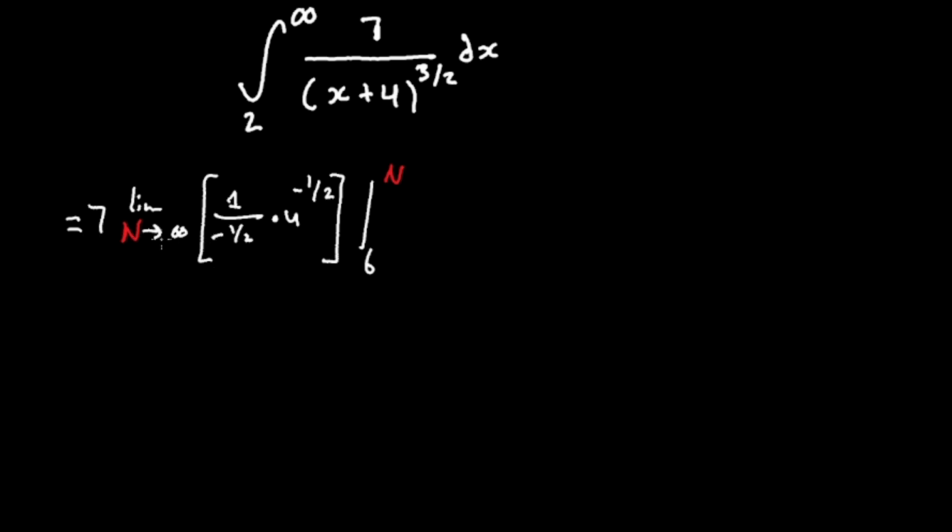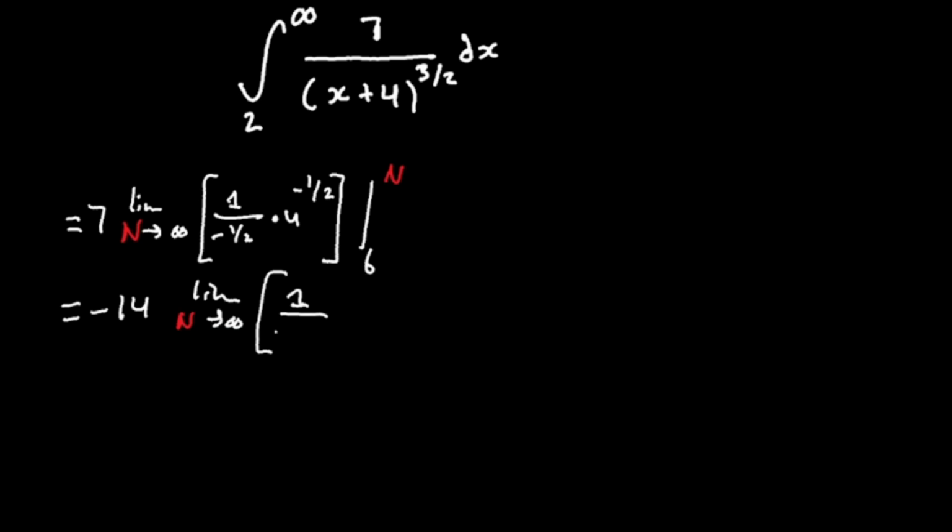So that's 7 times negative 2, that's negative 14. We can pull that out of the limit, times the limit as n goes to infinity. U to the negative 1/2, I'm going to write that as 1 over square root u. And we're evaluating this from 6 to n.